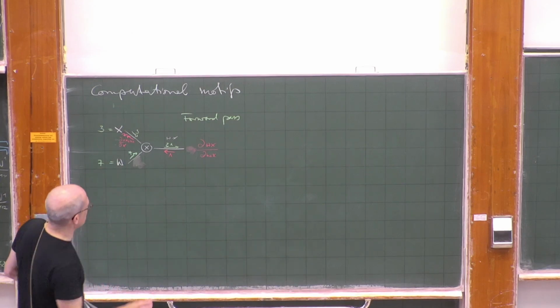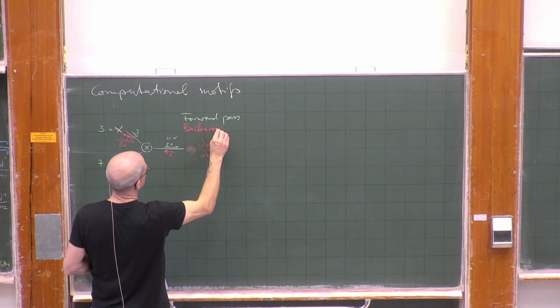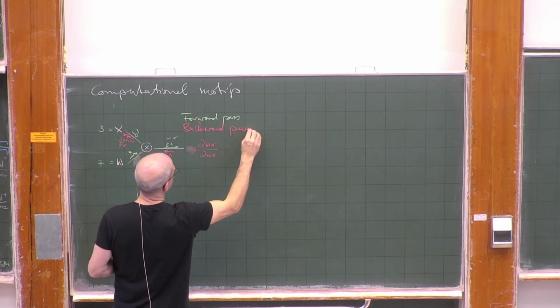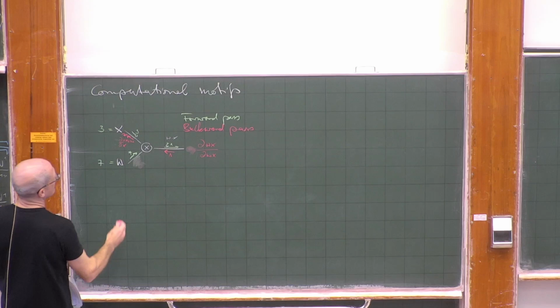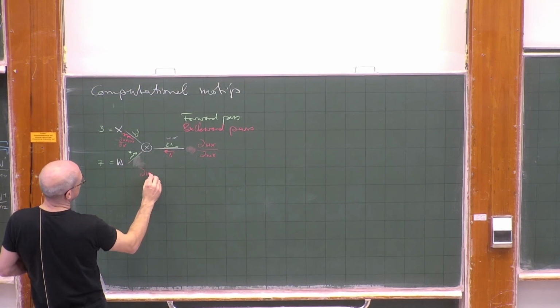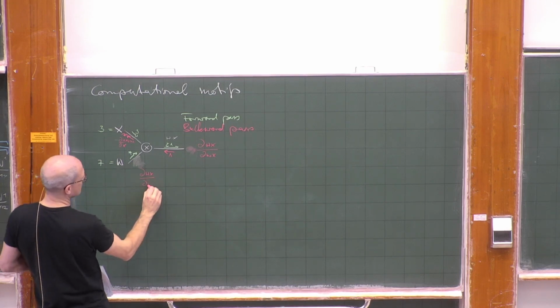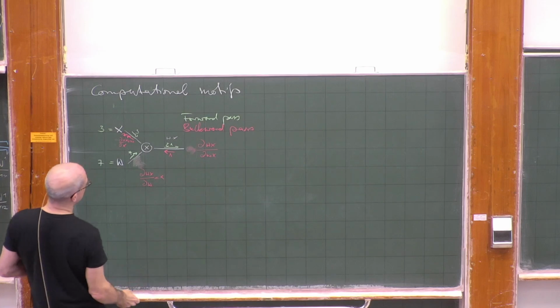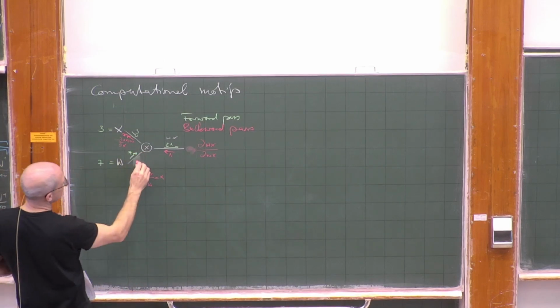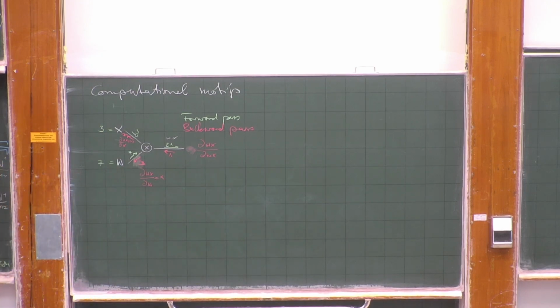And then we have the backward pass. Here I need to know that dwx with respect to dw is x, and x was 3. So this time I am sending a 3 in this direction.